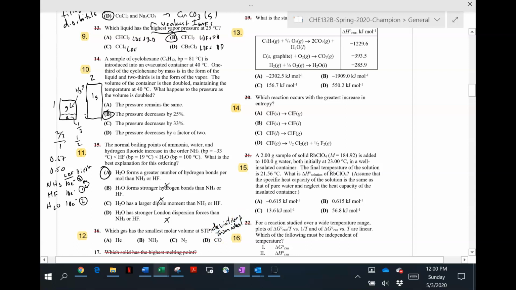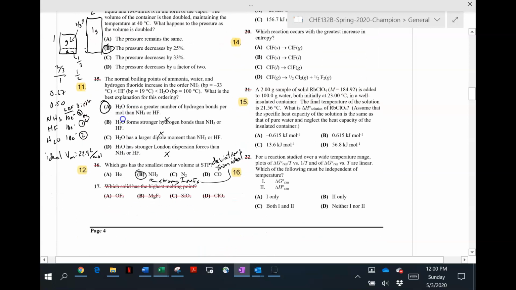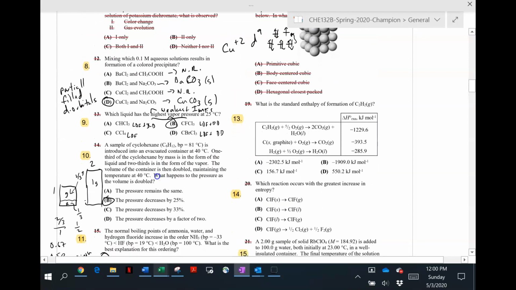Normally we would say that a mole of gas at STP occupies 22.4 liters, like I said. So for ideal gases, the molar volume is 22.4 liters per mole. Now, when you look at deviations, you're looking for strong intermolecular forces, and ammonia has strong intermolecular forces. It can hydrogen bond, etc. So it's going to deviate from ideal behavior and thus have a smaller volume. So, pretty sophisticated question here.